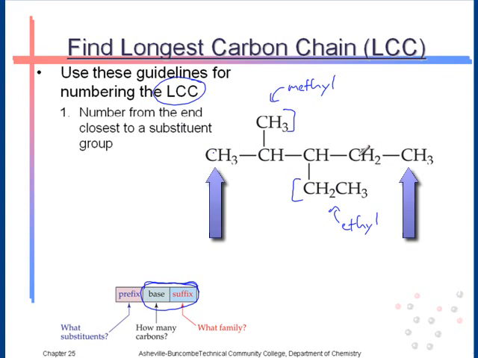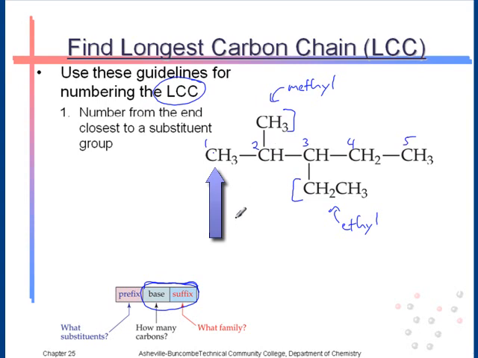If I numbered here, it'd be 1, 2, 3. I'd have to go to 3 carbons before I find a substituent group. And it doesn't matter if it's ethyl or methyl in these examples right now. So I establish the numbering of the longest carbon chain at this end because I keep the numbers low. I keep this one as the first substituent group at the lowest number.